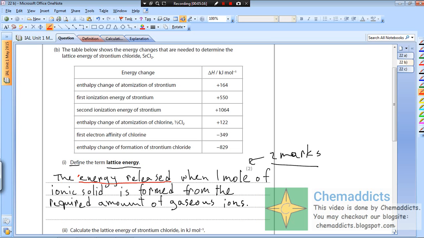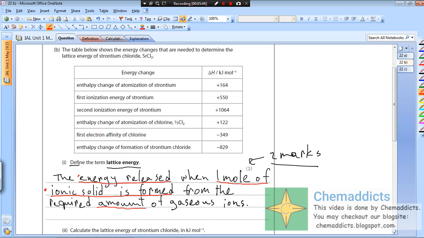So what will be the lattice energy? It will be energy released. So the first point is energy released. Energy released from what? Here, when 1 mole of ionic solid is formed. Here is another point. So energy released when 1 mole of ionic solid is formed from the required amount of gaseous ions.